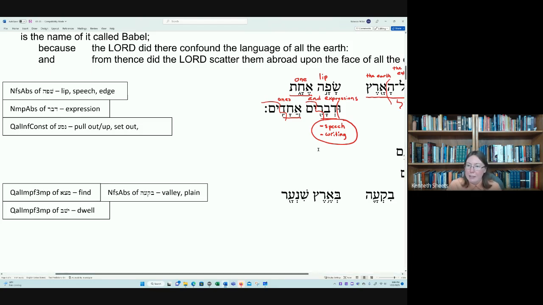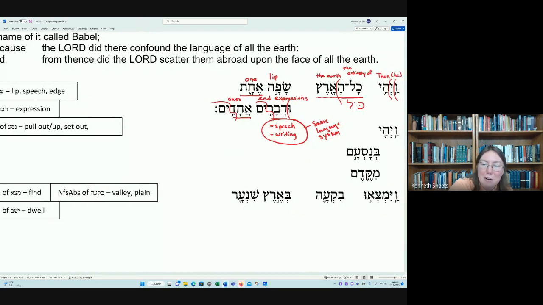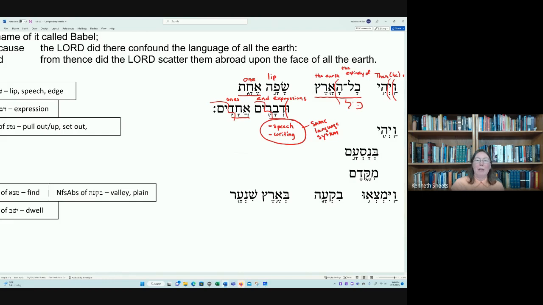And so that is what is going on. But in other words, it is still the same language system, no difference. And so thus we have here one language, one lip that they are using here right as they're getting ready to go into Babel. All right. Is there anything else that we need to add there, sir?